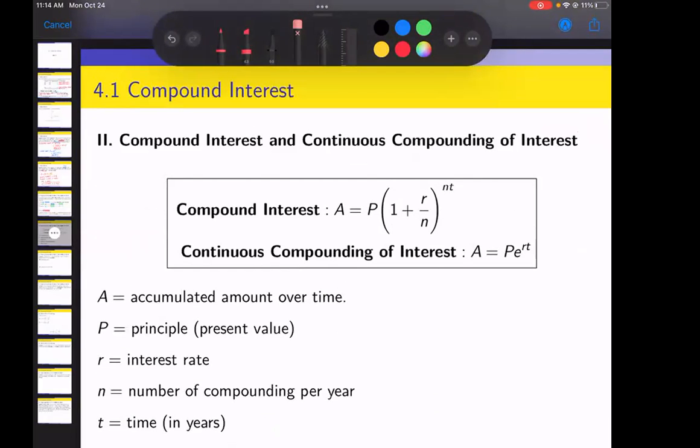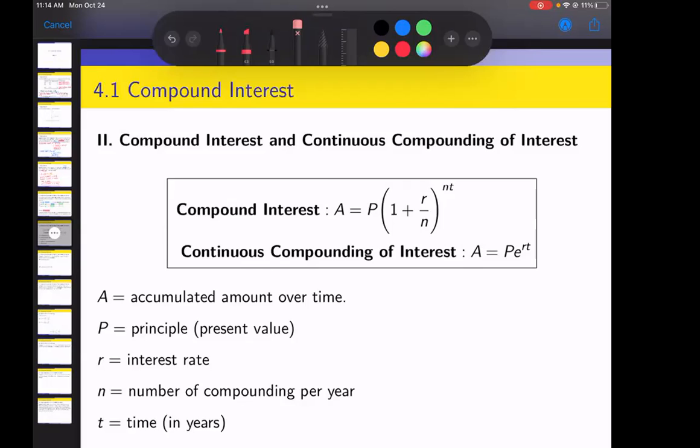So basically every quarter, the bank will total your amount, and then whatever total you have, they use it to multiply with another formula. Does that make sense? They compound it. For continuous compound interest, they do it every second or millisecond, never stopping.